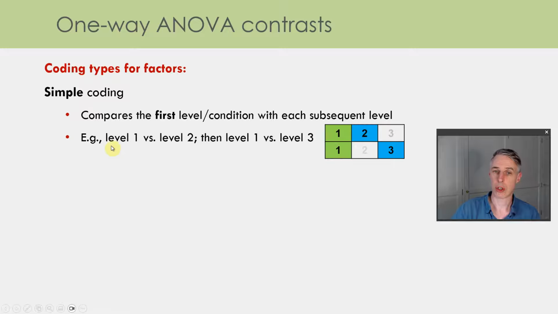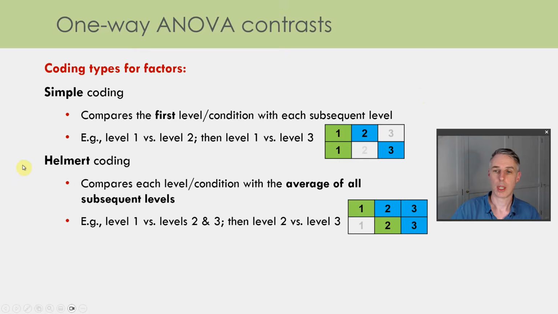So for instance, it will first compare level 1 versus level 2, and then it will compare level 1 versus level 3, ignoring level 2. In contrast, Helmert coding compares each level or condition in your design with the average of all subsequent levels. So if we have 3 levels, what that will do is firstly compare level 1 with levels 2 and 3 combined, and then it will compare level 2 versus level 3, ignoring level 1. All right.